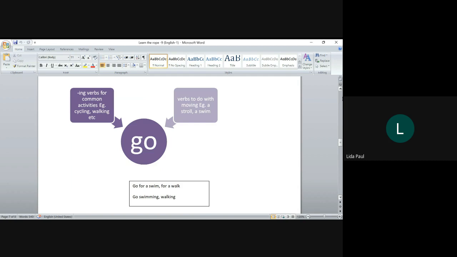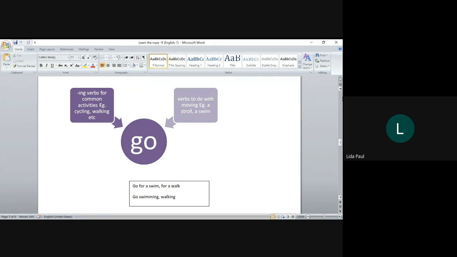They're actually nouns. Like look at the examples there: cycling, walking, fishing, riding. All of these are basically nouns. They can also be used as verbs, but when they're used as nouns, you can use the delexicalized verb go along with it to make the collocated expression.